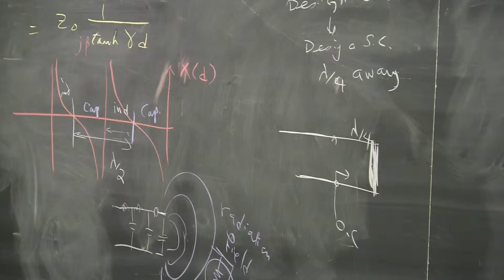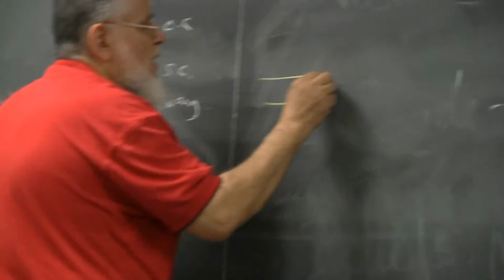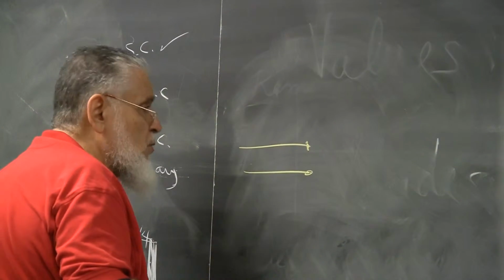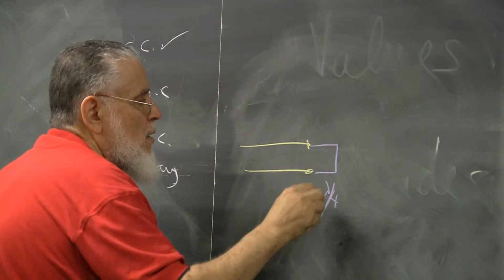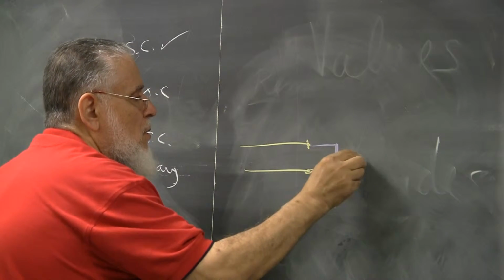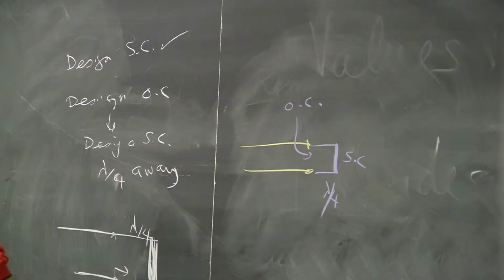So in waveguides, here's the waveguide section. I want to do an open here. What we do is we hook up a lambda by 4 section and make that a short. Same thing as in transmission line.